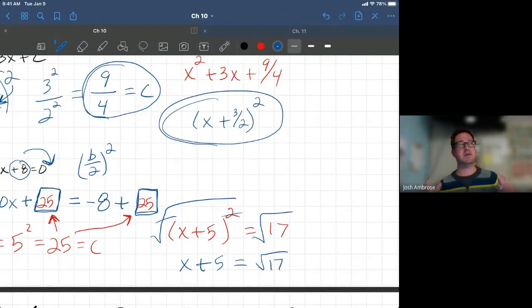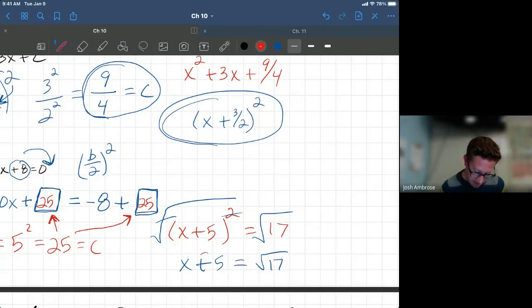I'll tell you right now, 17 is not a perfect number. Leave it. It's also a prime number. That's why you're leaving it and not actually breaking it down and simplifying a radical. You're leaving it as the square root of 17. And we got one more step here.